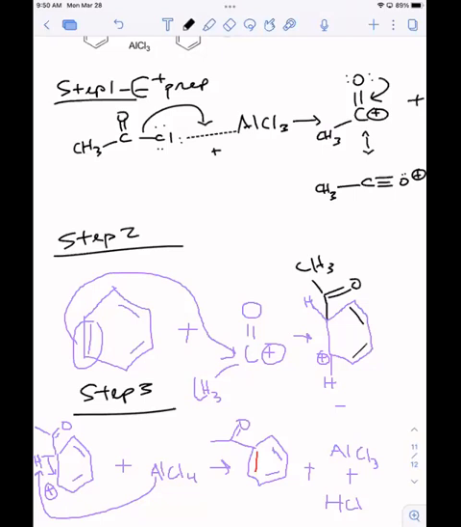If you have a substituent on the ring, it changes the reaction outcome. It changes everything because it changes the electronics of the ring, right? It makes certain areas on the ring activated or deactivated depending on what's attached to the ring.